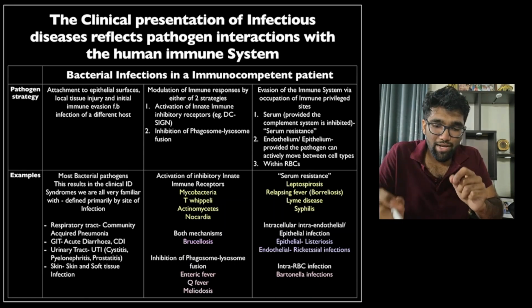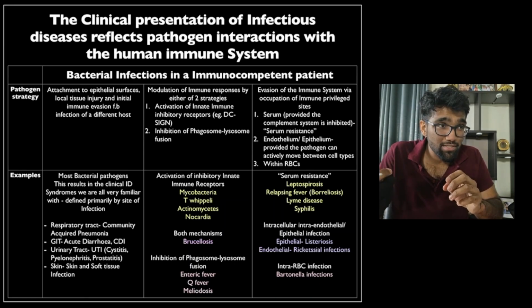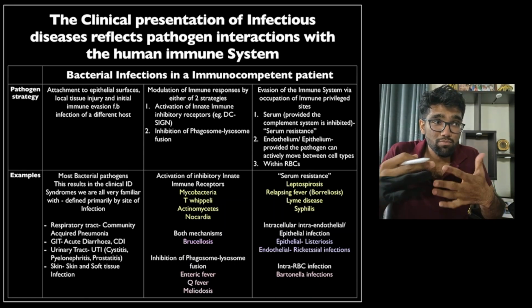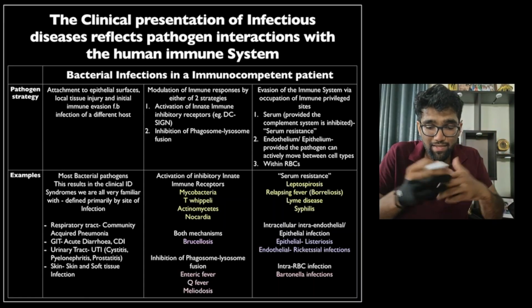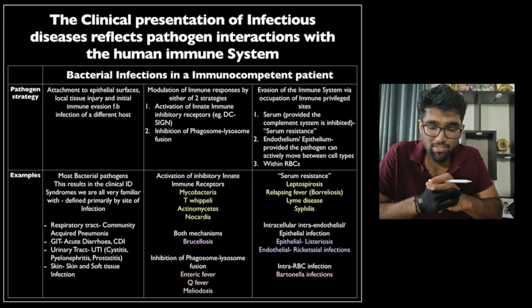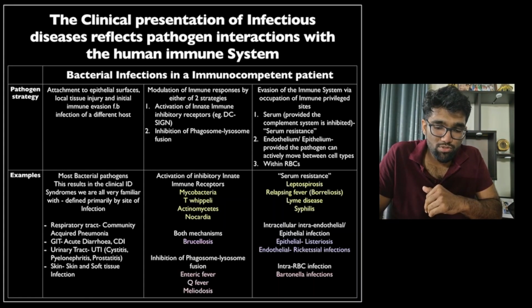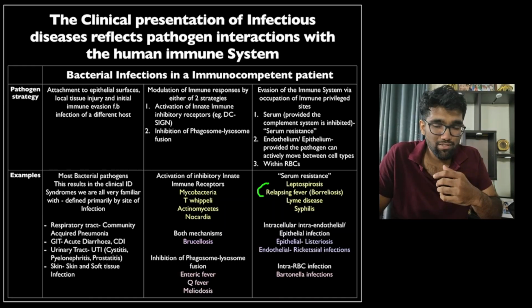So if an organism is able to inhibit the complement system by some mechanism, it is able to circulate freely in serum, and that mechanism is called serum resistance. And organisms that utilize this are Leptospira, all the spirochetes actually, that is leptospirosis, relapsing fever, Lyme disease, and syphilis.